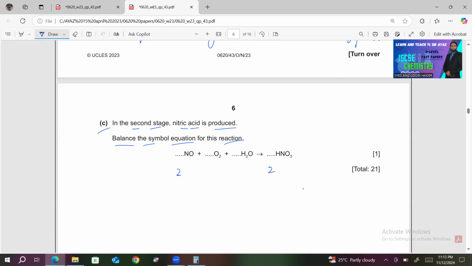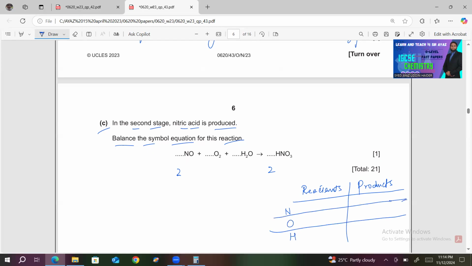It will be better if you write columns like this: reactants, products. We have the same elements on both sides: nitrogen, oxygen, and hydrogen. Let's write the number of atoms of these.